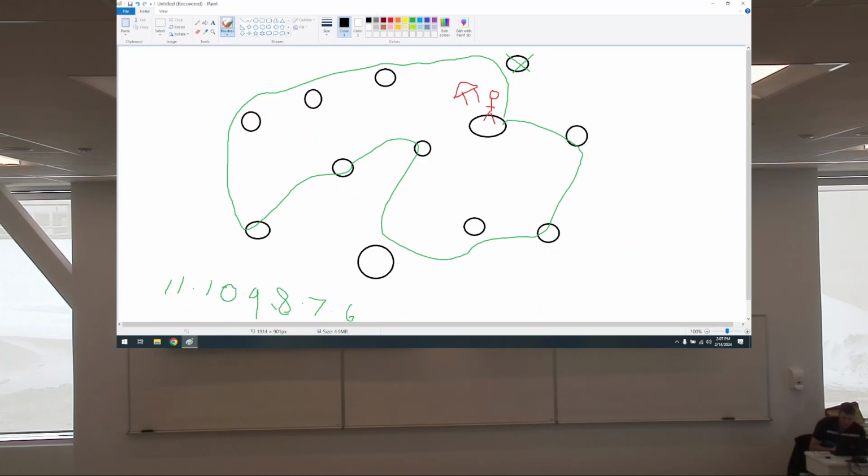Did I go here first or did I go here first? So for every one, there's 2, so really there's half that many. But that's the growth function here. We're talking more about asymptotic complexity. The number of possible paths is n factorial. It grows like n factorial, okay?